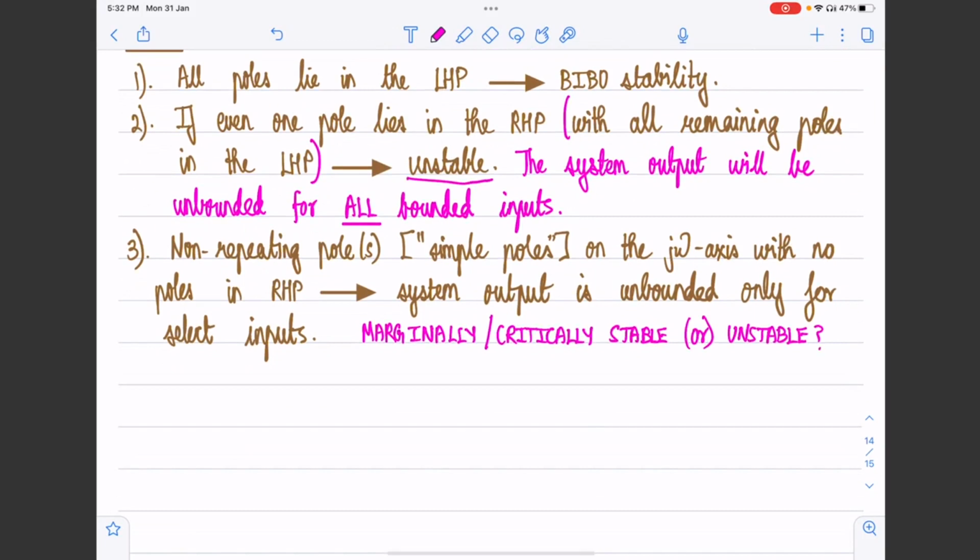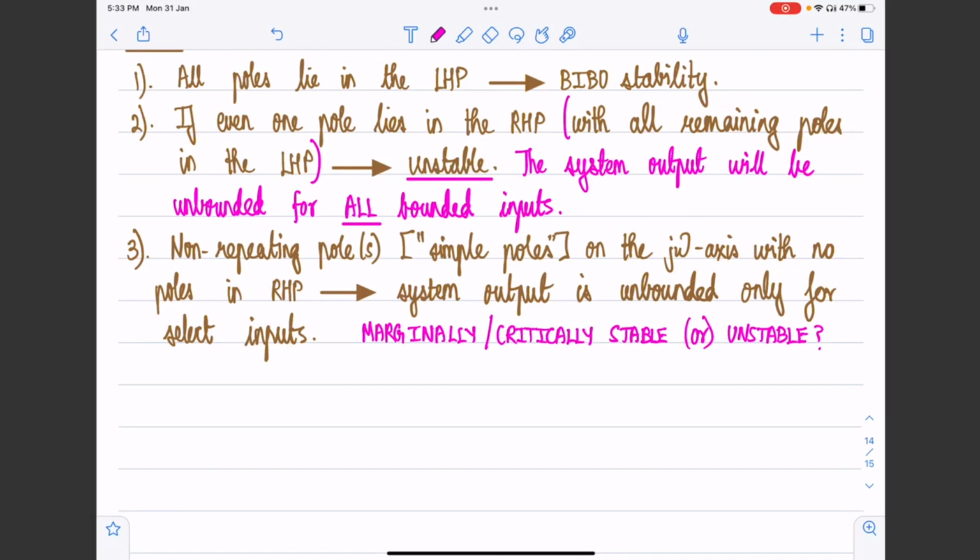In the previous case, with one pole in the right half plane, the system output is unbounded for all bounded inputs. But when we have non-repeating poles on the imaginary axis with no pole in the right half plane, the output is unbounded only for selected bounded inputs, not for all. So this looks like a different case than the previous one.